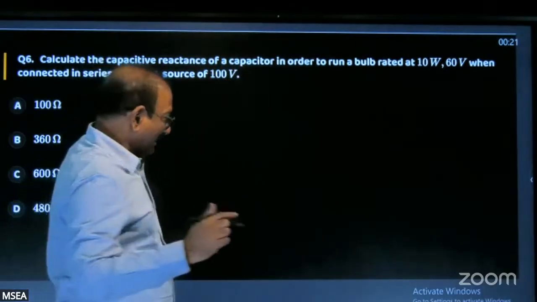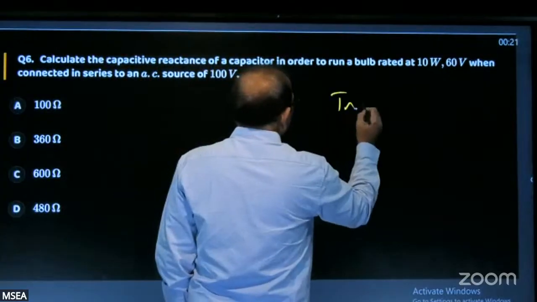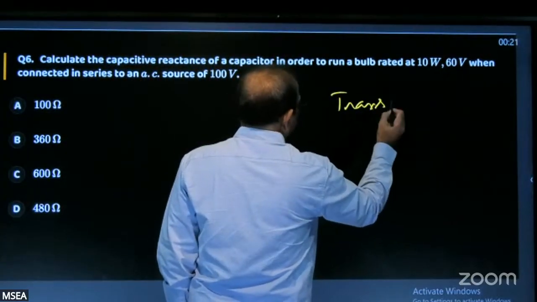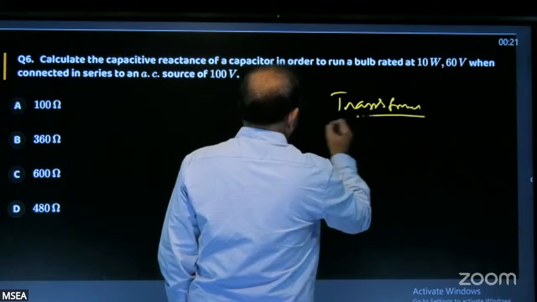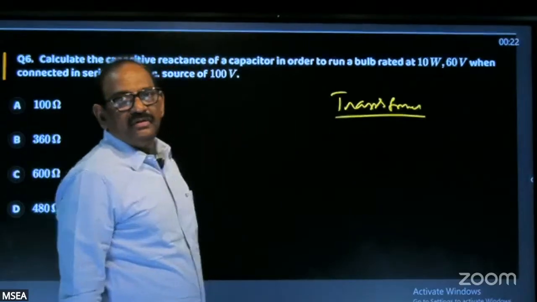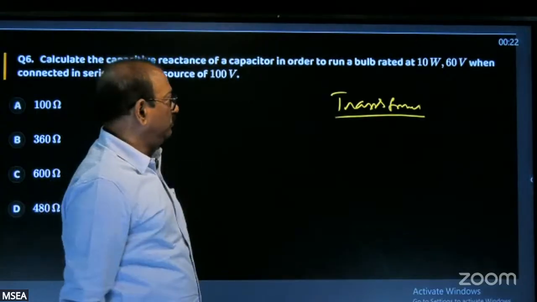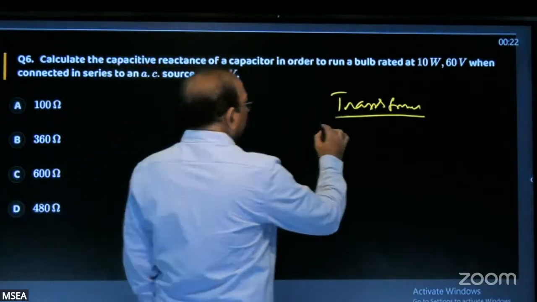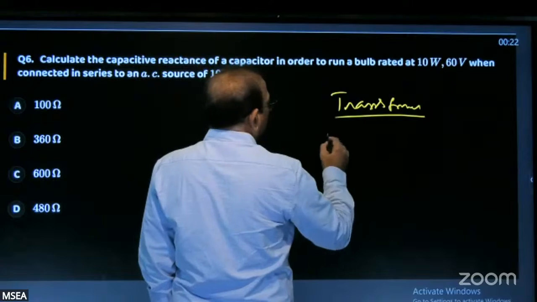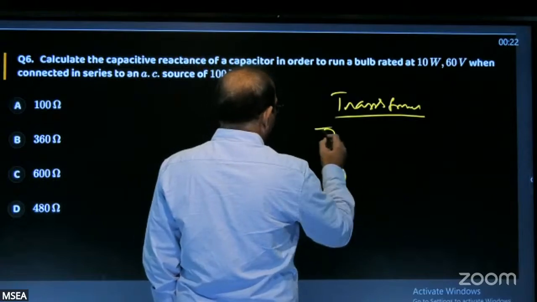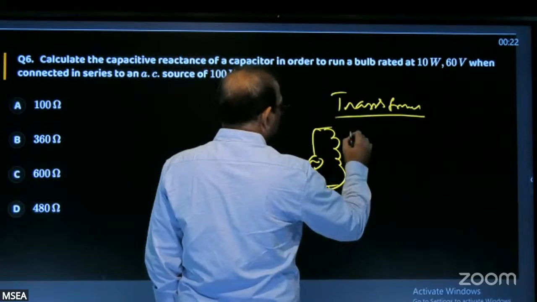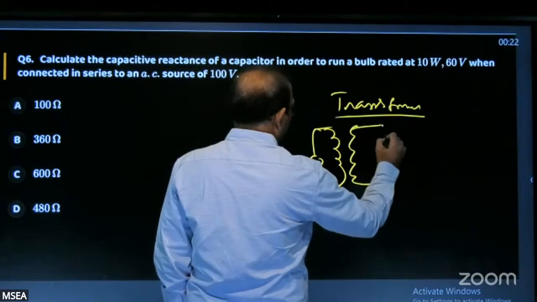In this chapter, one more thing, you need to practice transformer also. Transformer, step up transformer, step down transformer. You know now, you have to practice this. In this transformer, you have one primary coil, then one secondary coil, all this, no?